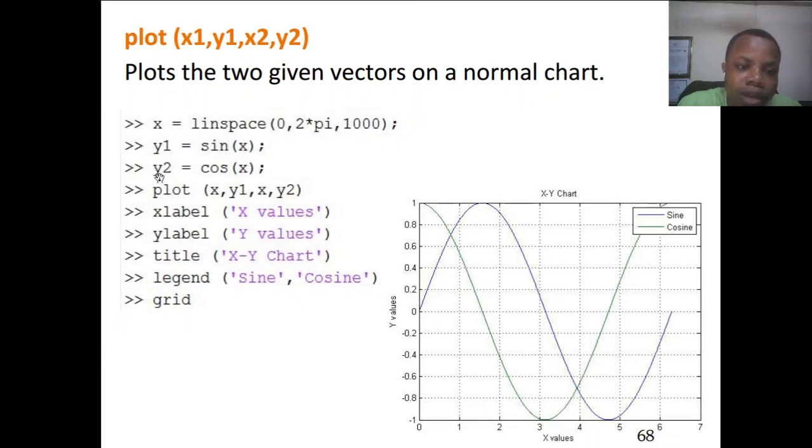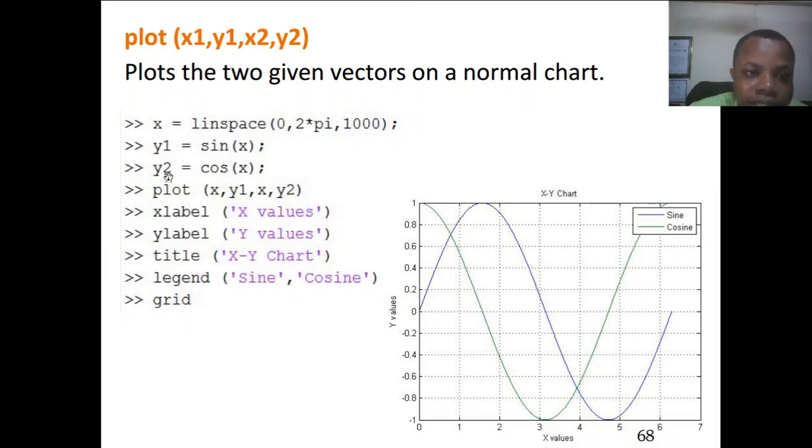Our next variable, which will be y2, will be the cosine of all the x's again. So this will evaluate the cosine of all the points in x and assign everything to y2.